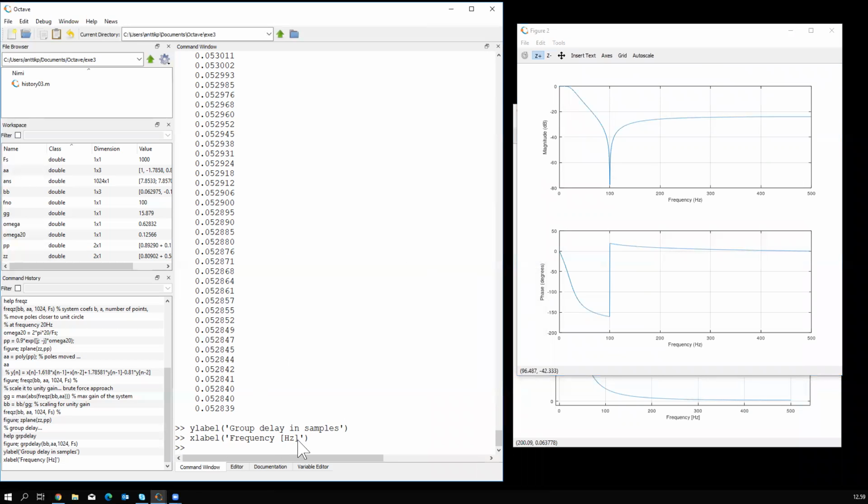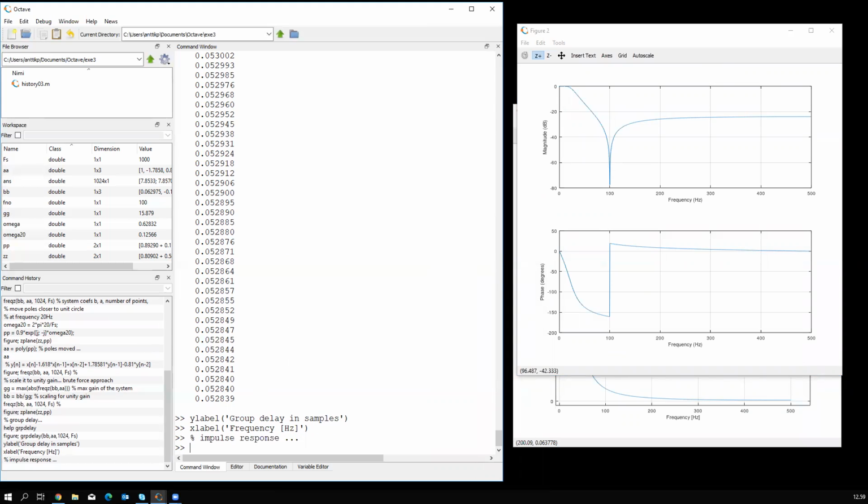Let's move on to time space and calculate the impulse response, which is simply h of n equals system response for delta.